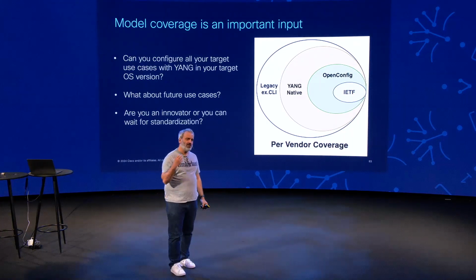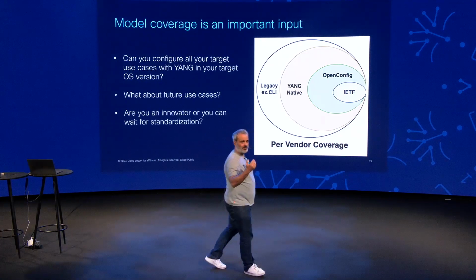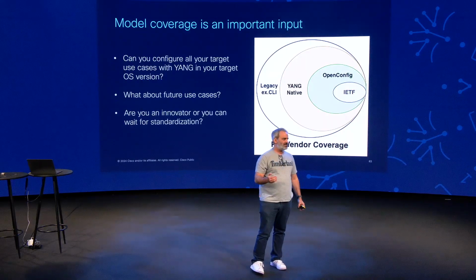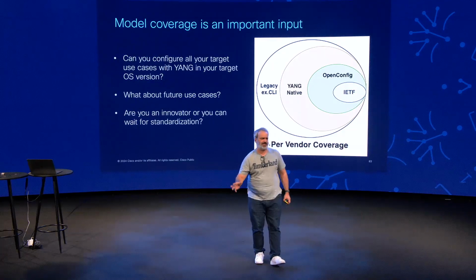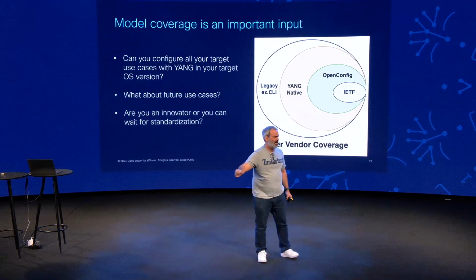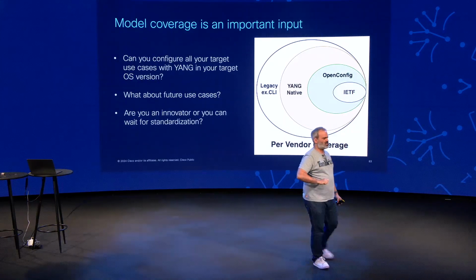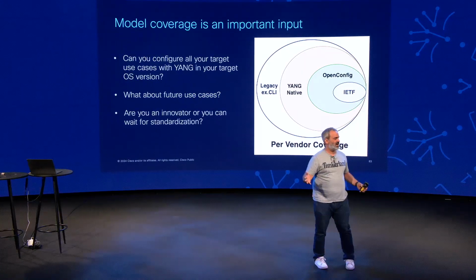Are you an innovative company that is always running the latest and greatest feature of every vendor? Or is this something where there's not a lot of innovation, just a simple use case, could be an optical transponder, or a switch where I'm programming a VLAN, I don't care, there's not going to be any innovation on this use case, on this environment.